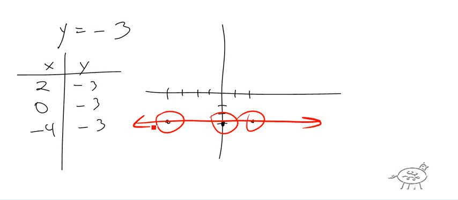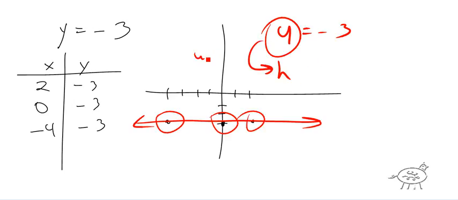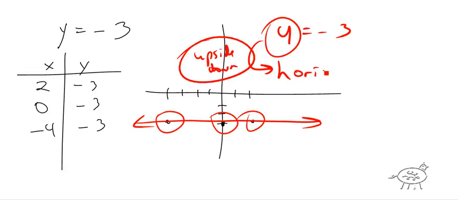Now, how do you remember that? Here's a little trick for you. I'm going to write the y that way. Y equals negative 3. Take your computer, turn it upside down. If I turn that y upside down, I get an h, and it stands for horizontal line.